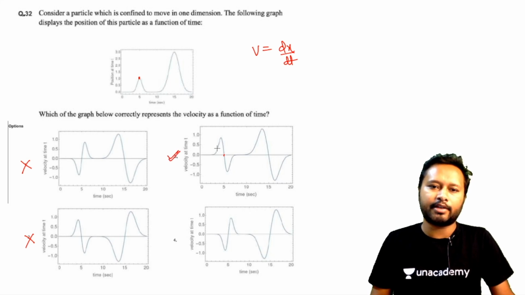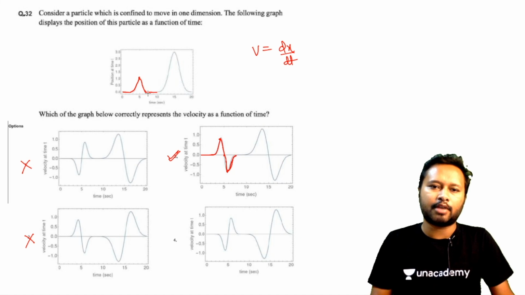So initially it is increasing. When your particle is in this region, the velocity will also increase. When it is coming down, the velocity is coming down again. Then again it is reaching the mean position, and that's where it comes back to this particular position.